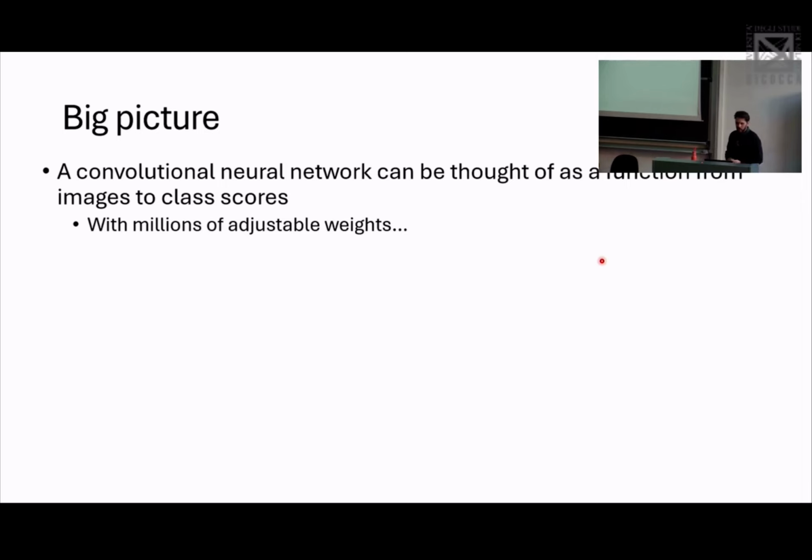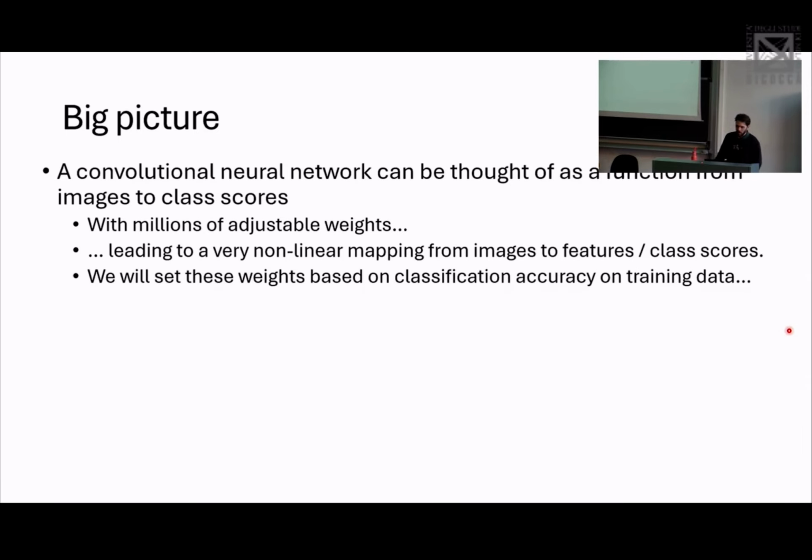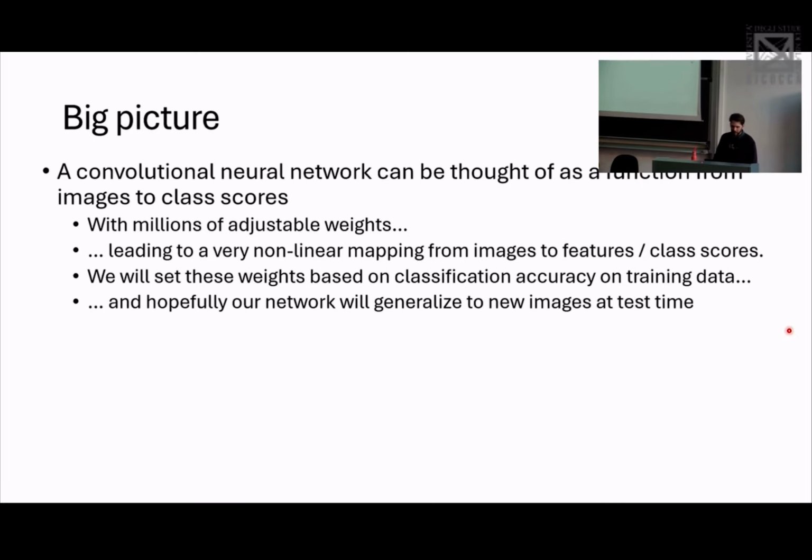If we take a look at the big picture, a CNN can be thought of as a function that goes from images to class scores with millions of learnable weights, leading to a very nonlinear mapping from image to features and from features to class scores. We will set the weights based on the classification accuracy on the training data, and hopefully it will generalize to new images.